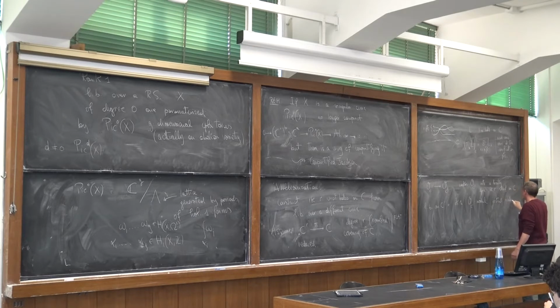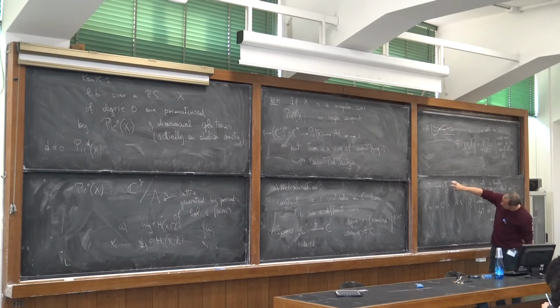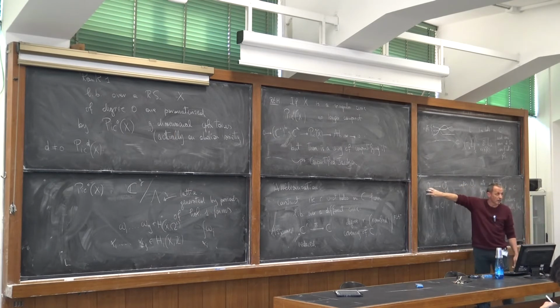Okay, so restrict scalars and get a rank R locally free sheaf on C. Okay, so from a rank 1 module over this sheaf of rings, you get a rank R module over this sheaf of rings.